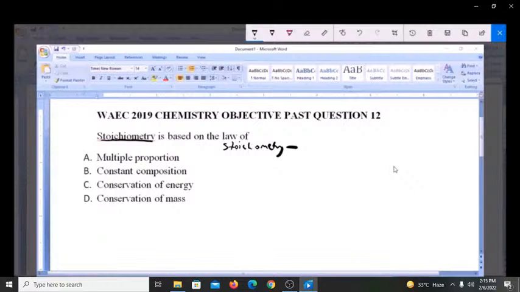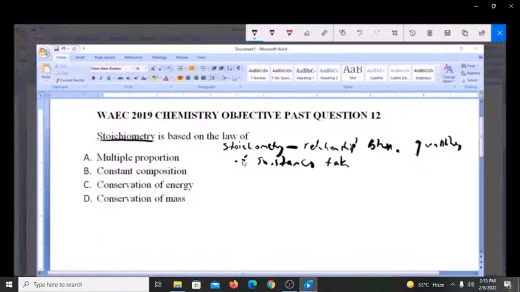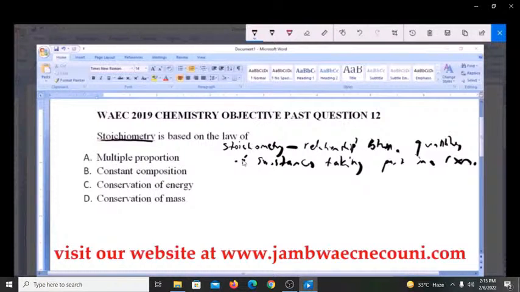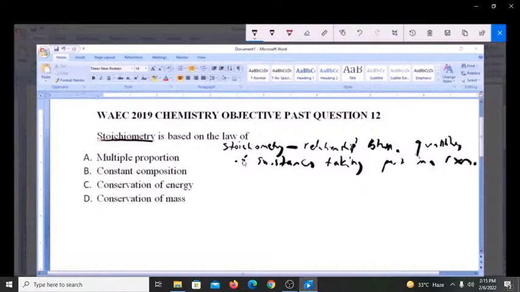The relationship between the quantities of substances taking part in a reaction, in a chemical reaction. So in order to answer this question, we need to define each of the options to see which one is closest, or to see which one gives us an idea on what stoichiometry is all about.